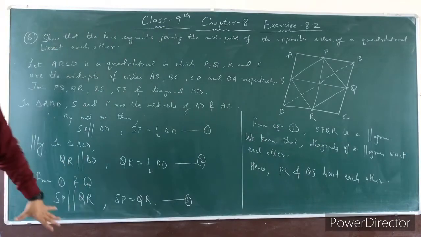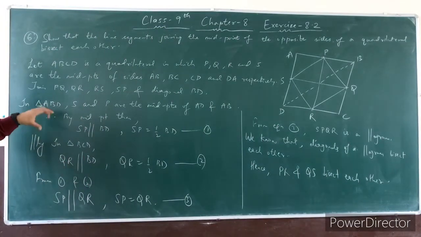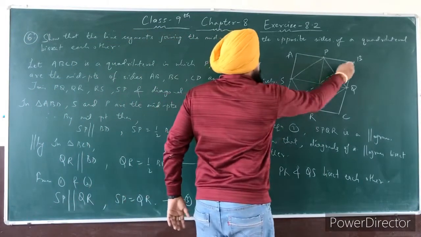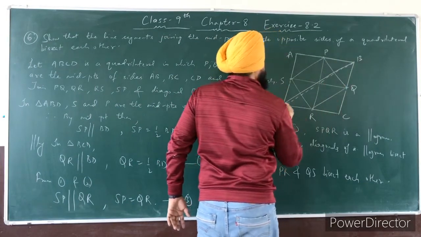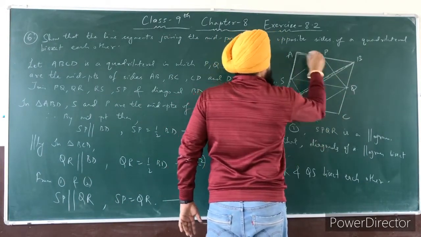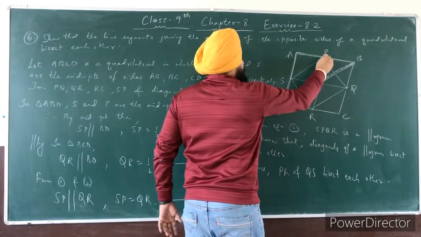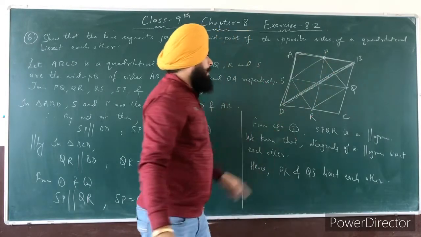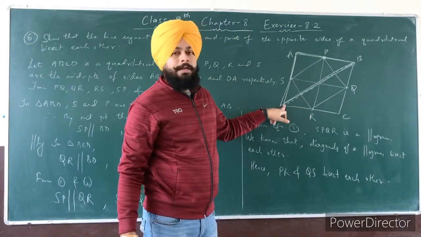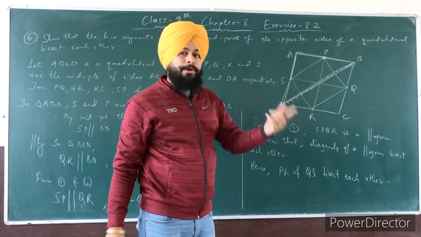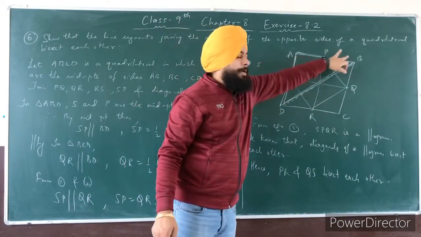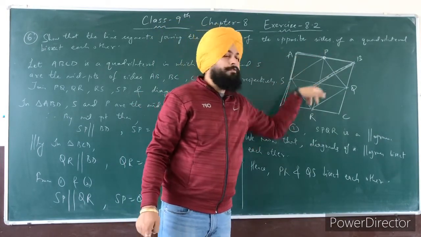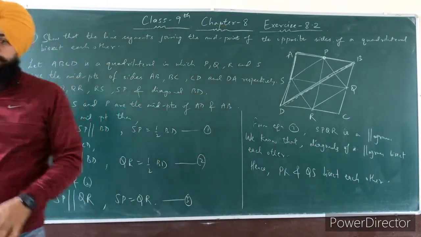It's your choice. So in triangle ABD, you will take this triangle. In triangle ABD, P is the midpoint of side AB and S is the midpoint of side AD. Then what? So by midpoint theorem, PS is parallel to BD and PS is half of BD also.